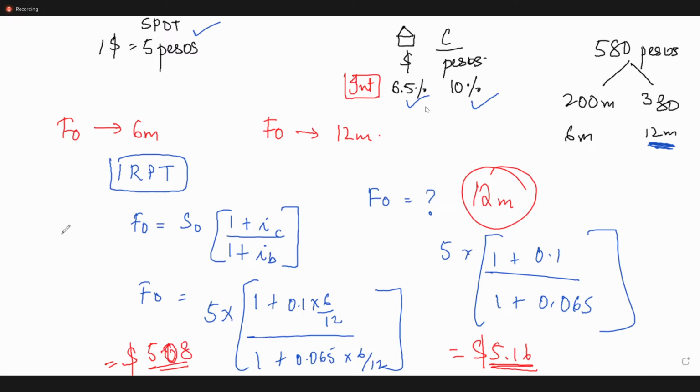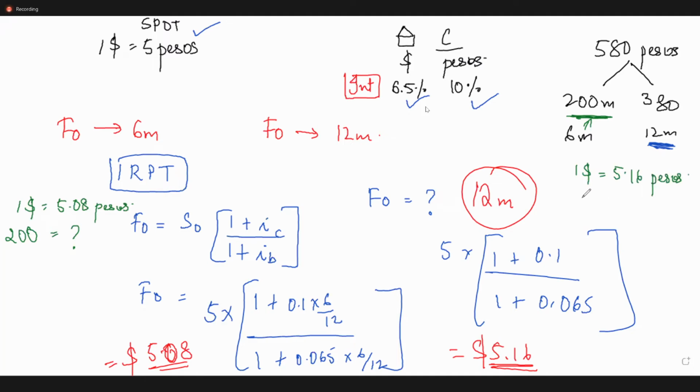$1. So we've got this $1 is equal to 5.08 pesos. So 200 million. This was for 6 months, no? 200 is equal to how much? Similarly, over here, $1 is equal to 5.16 peso.